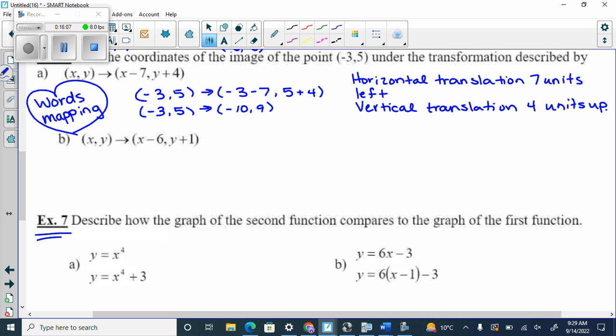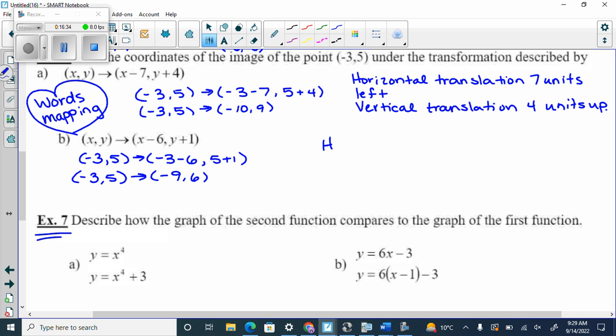Words and mapping are the same. Mapping says I take my x and I subtract 7 from it. If I take my x and I subtract 7 from it, I am moving left. Correct? You're visualizing moving left. All right. So here we have negative 3, 5 becomes negative 3 minus 6, and then 5 plus 1. So negative 3, 5 becomes negative 9, 6.